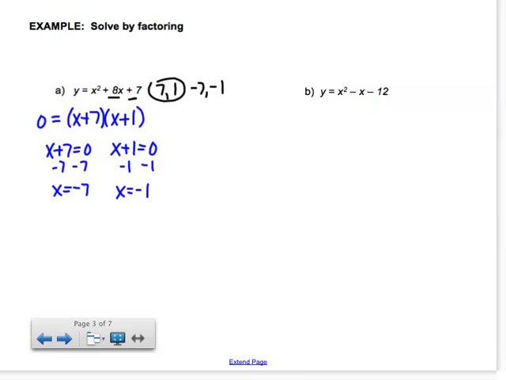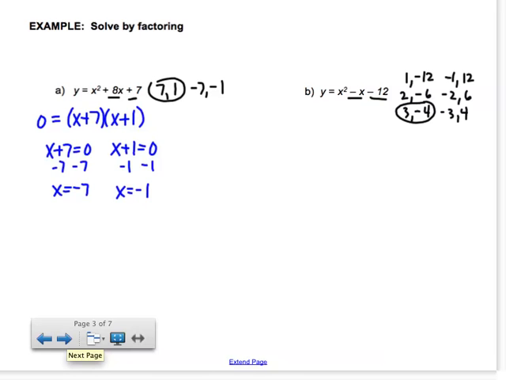Let's do our next example. Looking at our last term, negative 12, I can have 1 and negative 12, or negative 1 and 12. I could have 2 and negative 6, negative 2 and 6. Could have 3 and negative 4, or negative 3 and positive 4. The pair that's going to add up to be negative 1 is going to be 3 and negative 4.